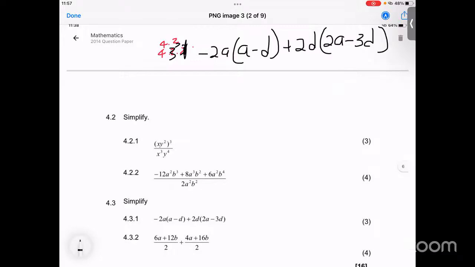Let's double check if that question has been copied correctly. You are having negative 2a into a minus d close plus 2d into 2a minus 3d. Okay, then it's fine.